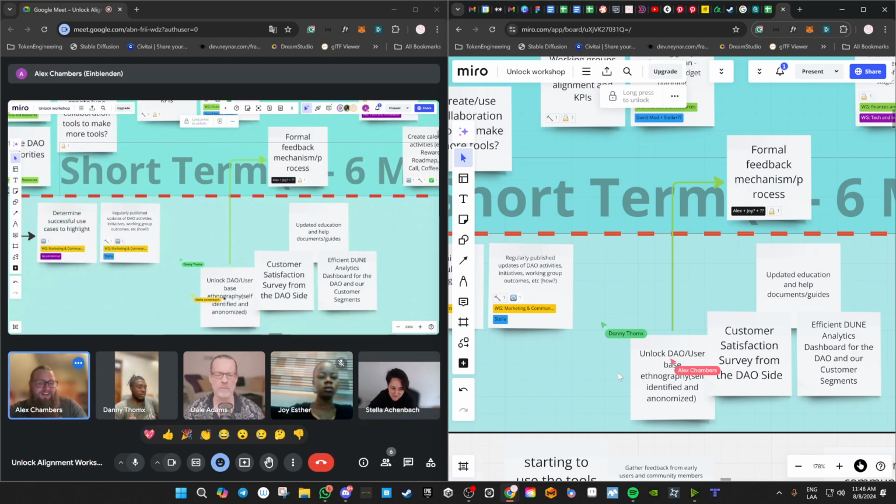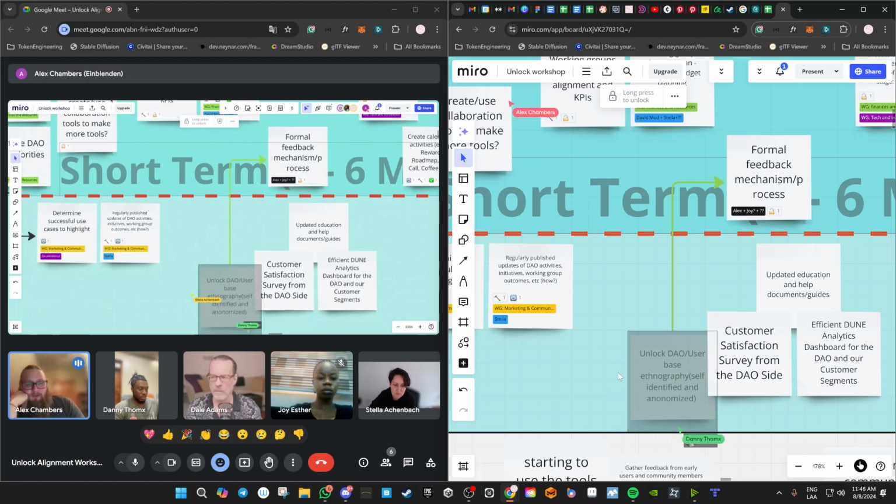That's fair. Unlock DAO user-based, self-identified or anonymized. This is something I think that goes along with the formal feedback mechanism and process. It just is an additional step. We had a long conversation about this. Was everyone there for that? Thank you for fixing my bad language.